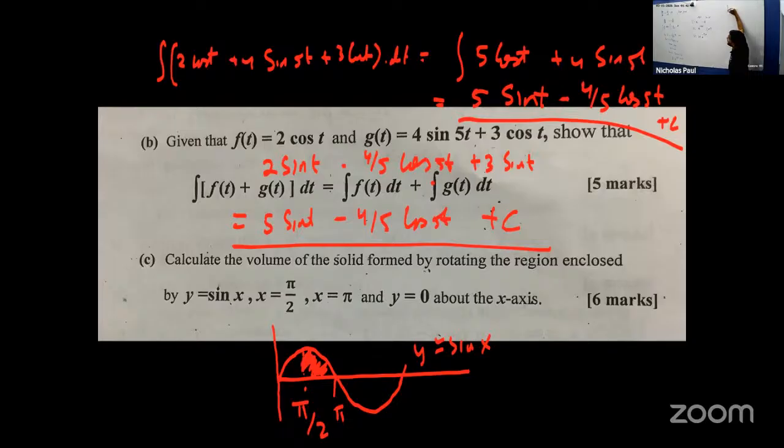Right, so you're integrating between pi and 2 pi of y squared. y squared is what again? Sine x all squared dx. How do you integrate sine squared again? Remember, we could use the identity cos 2x.